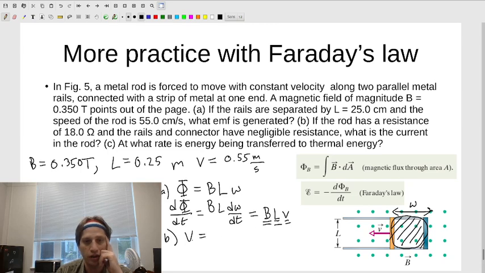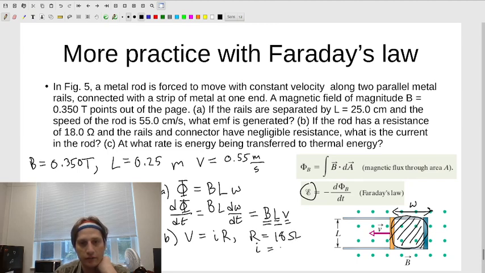So you know V from this part, this EMF would give you your V. V equals I times R. They give you R equals 18 ohms, and then they want you to find I. So you could do that. Maybe just to be clear, this funny looking E is IR. Okay, so here you found the funny looking E.